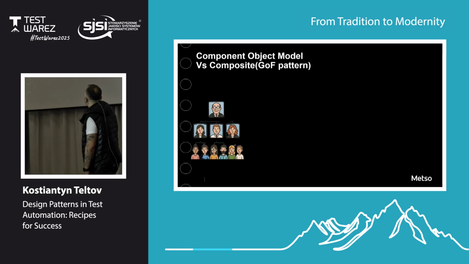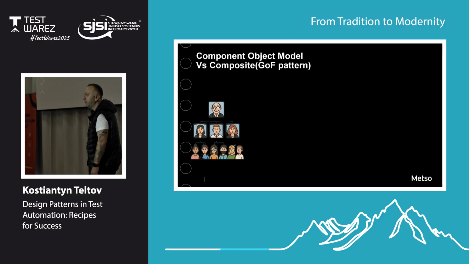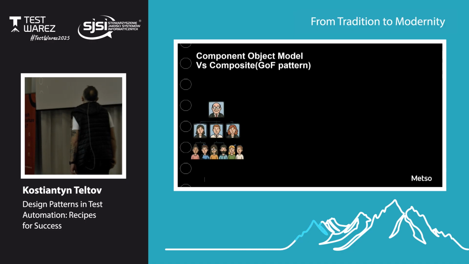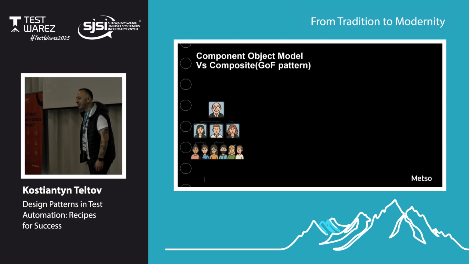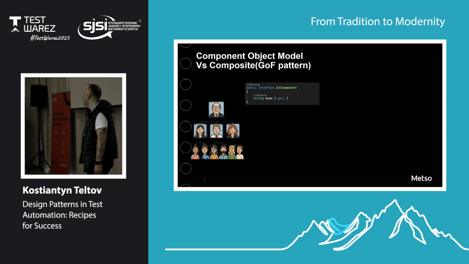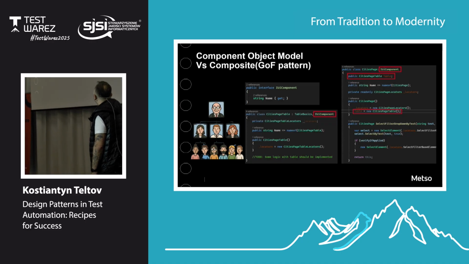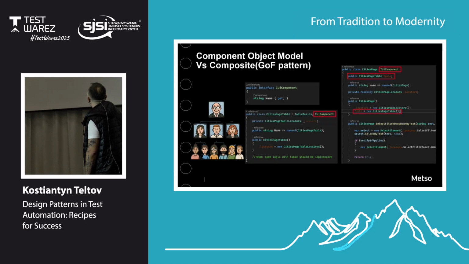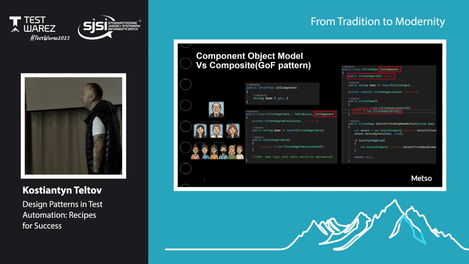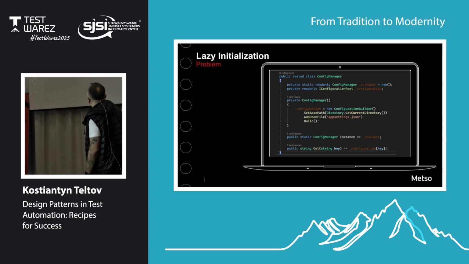What's interesting about this design pattern is that it's very close to one of the Gang of Four design patterns called composite. The difference is that if you use composite, you need to use interfaces. Like here, as you may see, I have some interfaces and both parts, cities page table and the main class, should implement this interface.